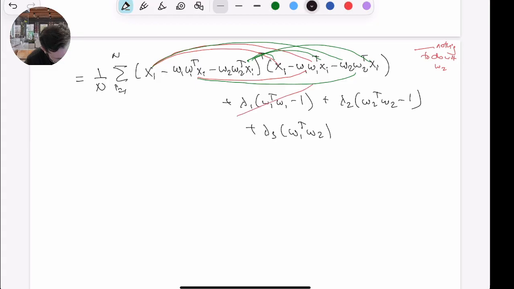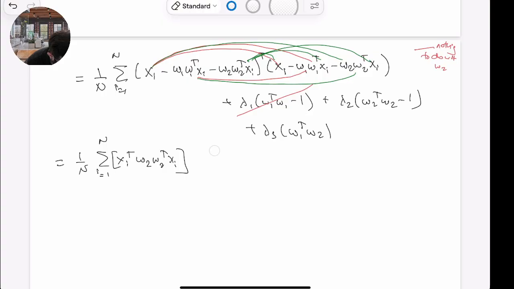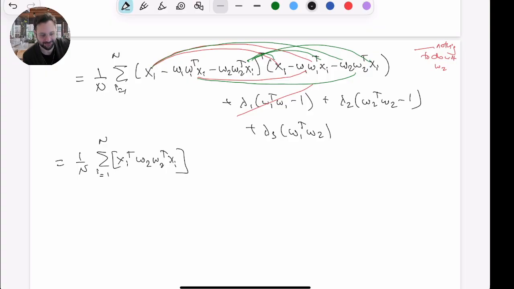So let's go ahead and write what we have. I have 1 over n, i equals 1 to n, x of i transpose W2, W2 transpose x of i. Now it's going to be simpler for me because I know what this is. It's going to give me W2 transpose C_XX W2, right? So it's not going to be surprising.